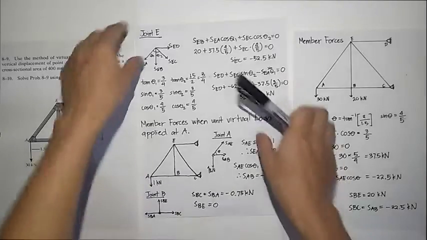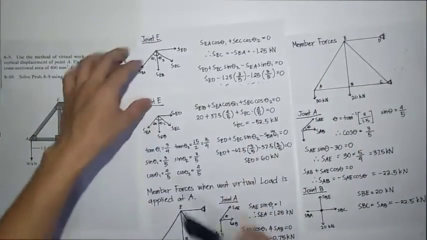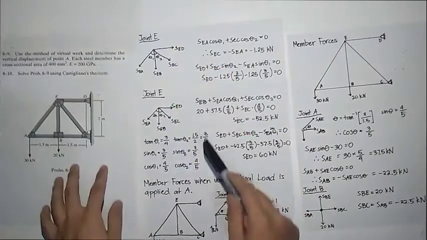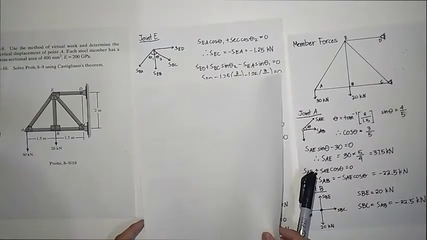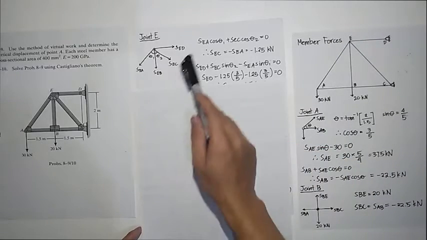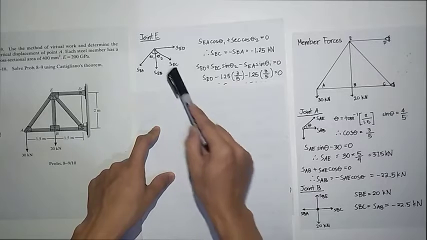So, next po ay pupunta po tayo sa joint E pa din. Sa joint E na lang po sa vertical load. Ang gagawin po natin ay tatakpan po ito para hindi tayo malito. So, uunahin po natin, hahanapin po natin ang SEC muna.